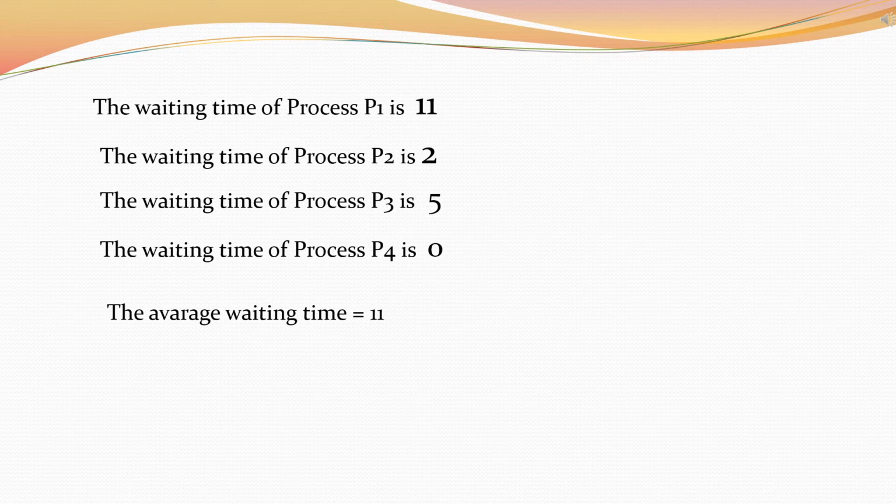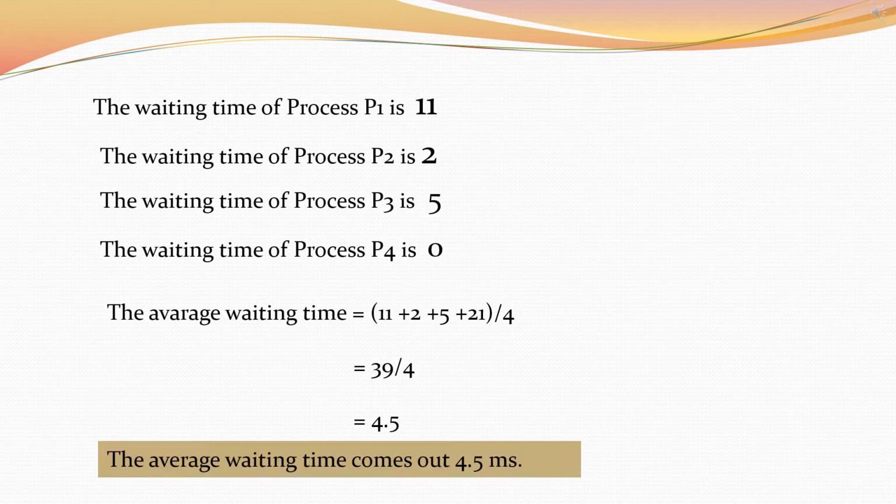So the average waiting time equals 11 plus 2 plus 5 plus 0, whole divided by the number of processes, that is 4, equals 18 by 4, equals 4.5. So for this problem, the average waiting time comes out to 4.5 milliseconds.